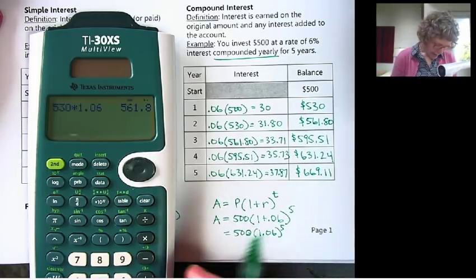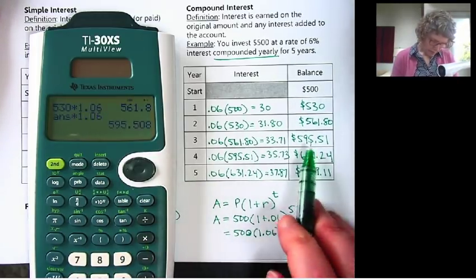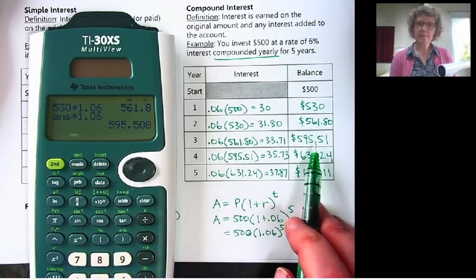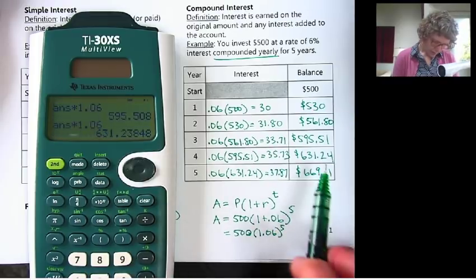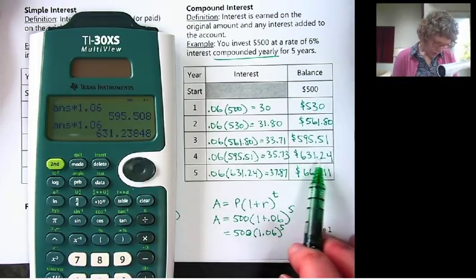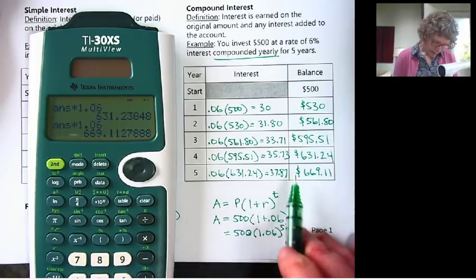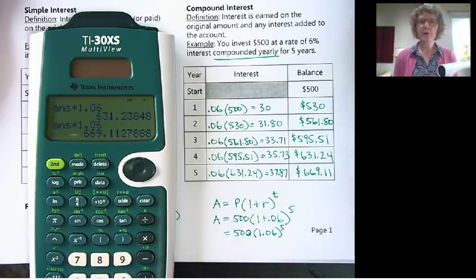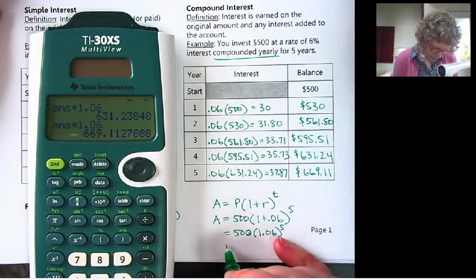Now if I do that again, times 1.06, 595.51, times 1.06, 631.24, times 1.06, 669.11. So we could have just done it that way, but it doesn't make as much sense until you've gone through the process yourself.